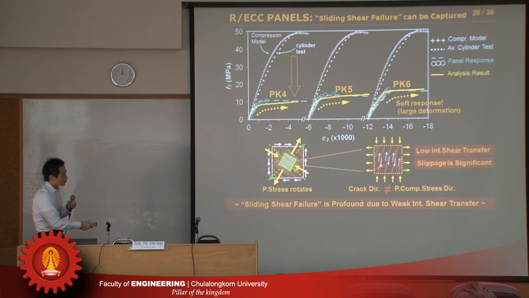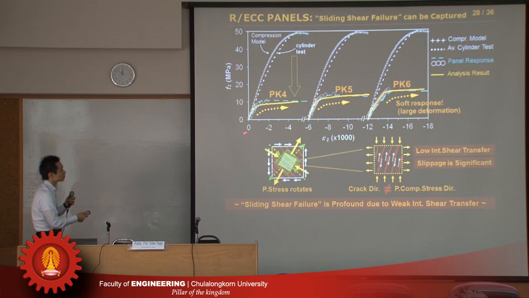As a result, when we measure the stress-strain relationship on this line, the measured stress reduces significantly. So it is because we have a crack at a certain angle that reduces the compressive strength.